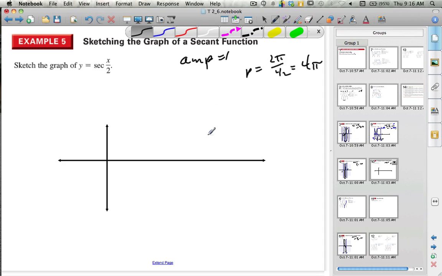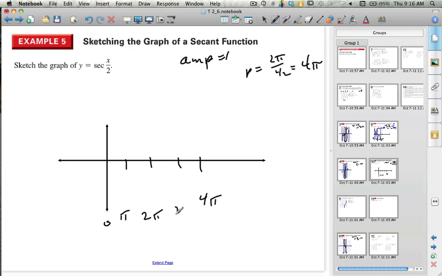So I'm going to go ahead and mark this out as there's 4 pi, 2 pi, pi, 3 pi. And if I were to graph the cosine function with an amplitude of 1, it would be here to here to here to here to here.